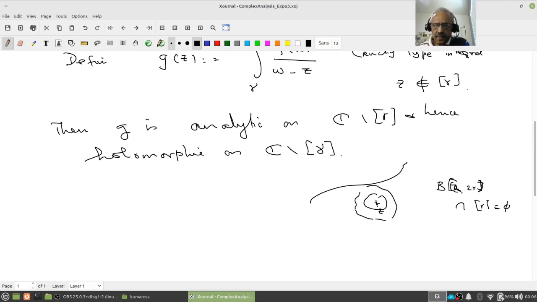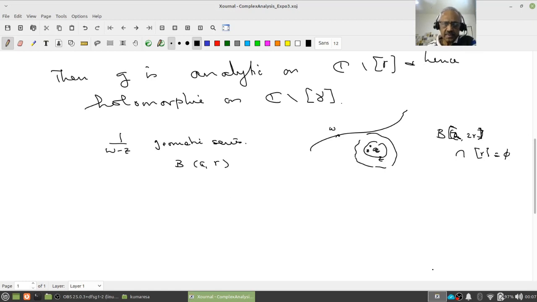Then in this you can expand 1 over w minus z into a geometric series. I will not go into too much of those things. For every z here, my w are going to be here, a geometric series in the ball.